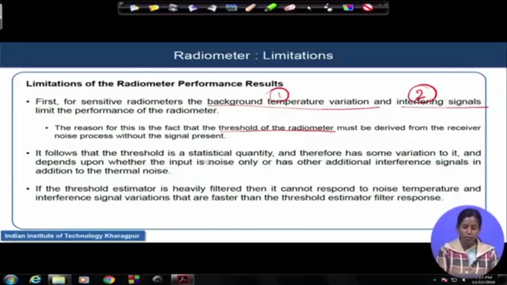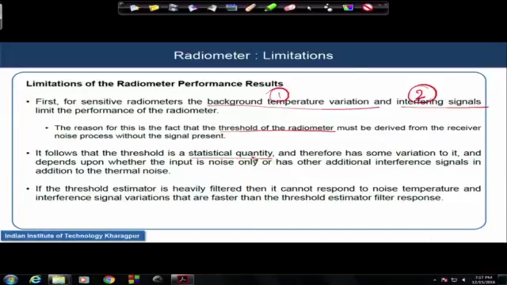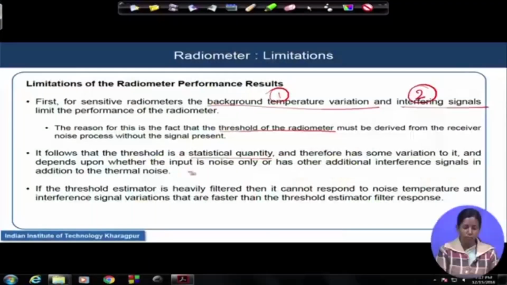So, it follows that the threshold is a statistical quantity, it is not a deterministic one, and there is always some variation on top of its selected value. Its statistical property largely depends on whether the input is only noise, based on which you are selecting the TH, or the input is a combination of the thermal noise as well as other interfering signals that are present.